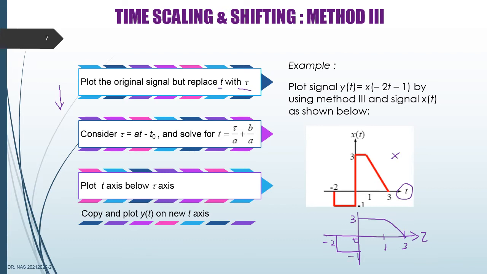Next, you need to calculate the new t values based on tau. Tau is whatever equation is inside the bracket. So tau equals, in this case, negative 2t minus 1. You need to solve for t. So what is the new t? Next, you need to plot the new t values below the tau signal. And lastly, plot your new signal.